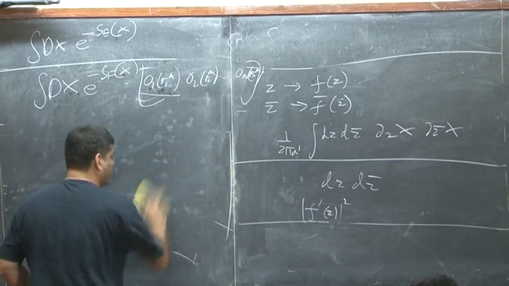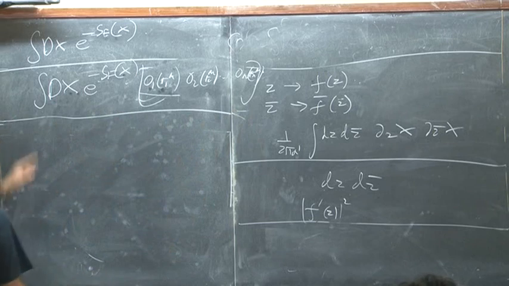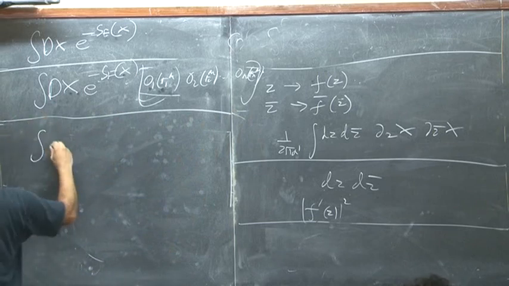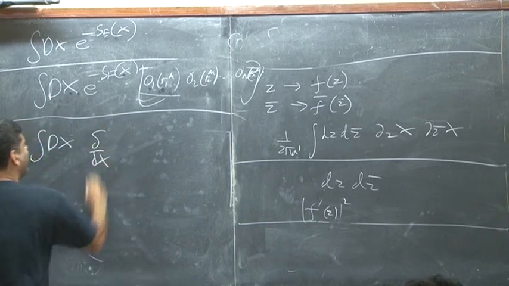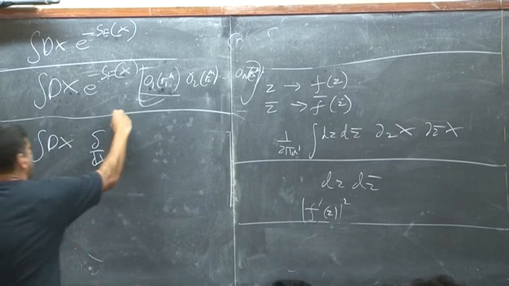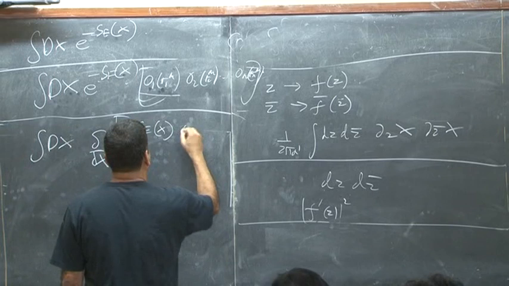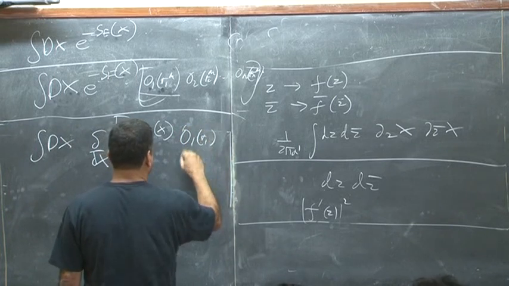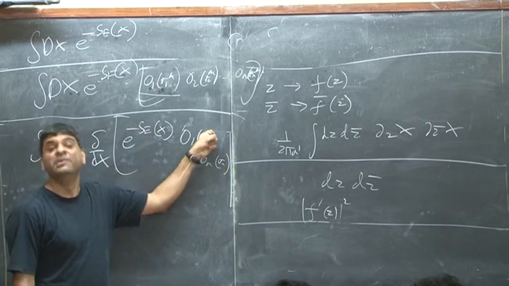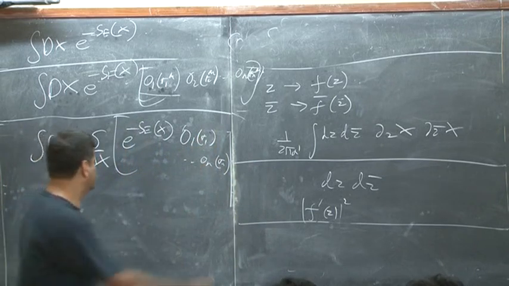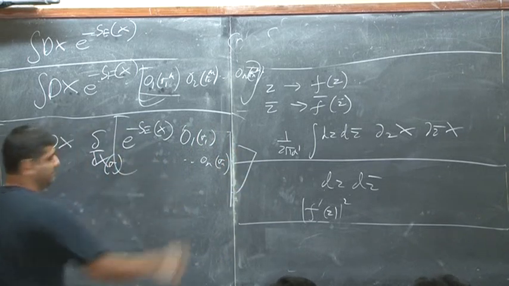So now let's move on to the question of what our equation of motion tells us. We have the integral dx of e to the power minus S of x, and let's take del by del x of e to the power minus S of x times O1 of sigma 1 through On of sigma n. I'm going to drop the mu as well. This is del by del x of sigma.